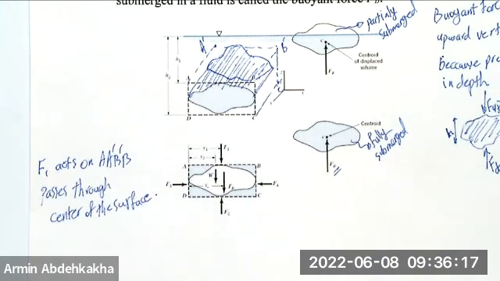For example, if you bring your hand and keep a glass on it, then you have two forces. If you write the force balance for the glass, the hand that holds the glass acts a force upward, and the weight of the glass is downward.